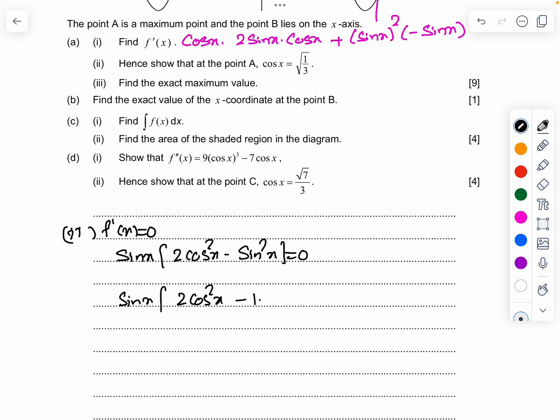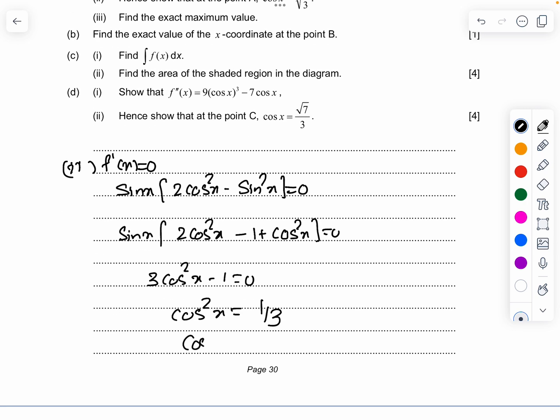Sin square x is 1 minus cos square x. So 2 cos square x minus 1 plus cos square x equals 0. So we get 3 cos square x minus 1 equals 0. So cos square x equals 1 upon 3. Cos x equals square root of 1 upon 3. Because f of x is greater than 0, I use only the positive 1 upon root 3, not the negative.